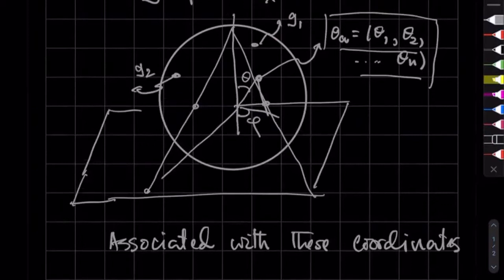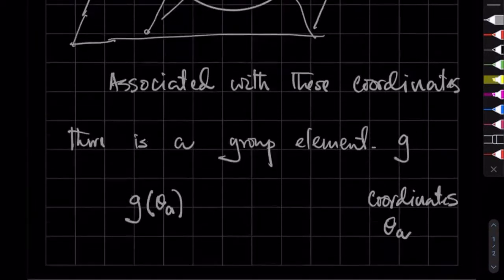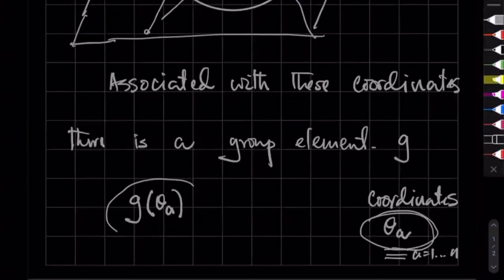A Lie group is defined to be a group which has continuous parameters, and therefore they have to be part of some manifold. So on this side, you have coordinates, and A goes from 1 to, say, n. And here you have the group element. So if I give you this, you should be able to tell me what this is, right?